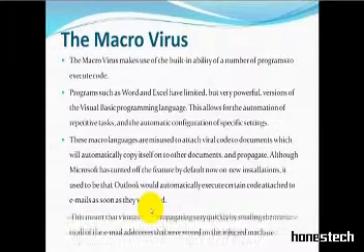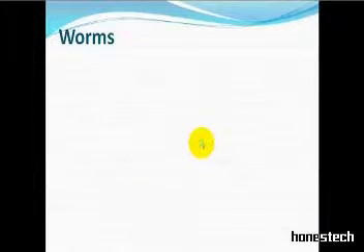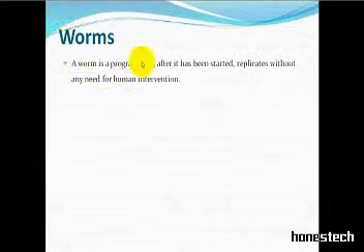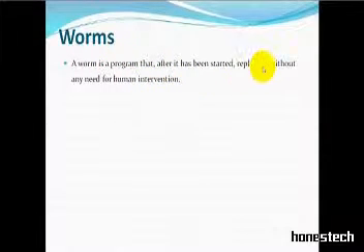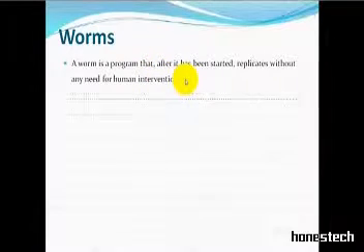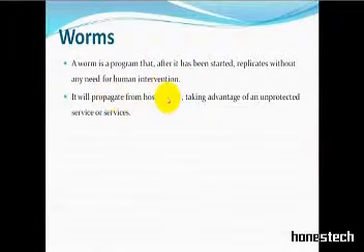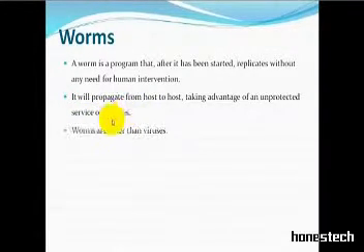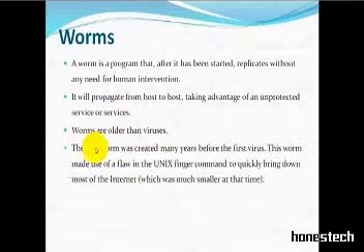Moving on to the second category of malware: worms. A worm is a powerful program that, after it has been started, replicates without any need for human intervention. It will propagate from host to host, taking advantage of an unprotected service or services. Keep in mind that worms are older than viruses.